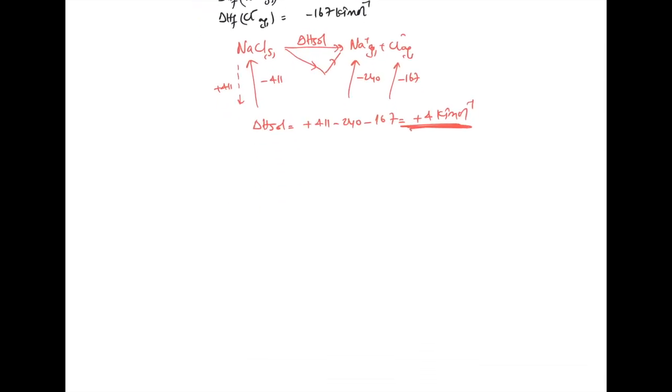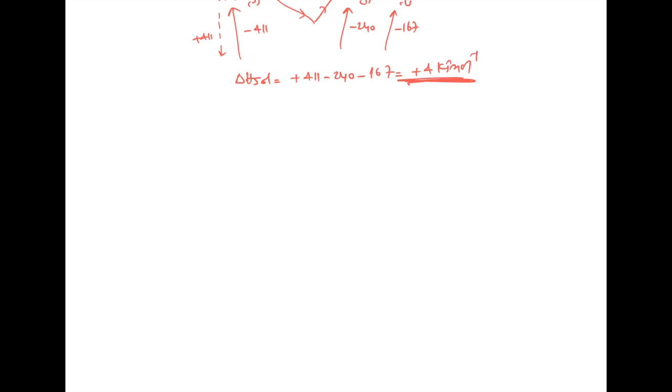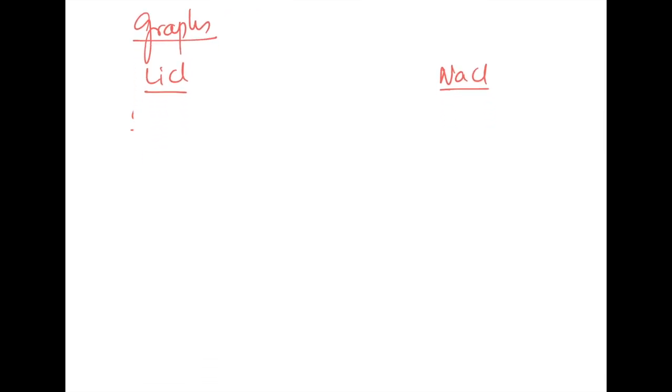One very interesting thing about enthalpy of solution I want to share is regarding graphs. Let's take, for example, lithium chloride and sodium chloride. I'm actually making the energy cycle of enthalpy of solution, hydration and lattice energy, right? You know that the enthalpy of hydration of lithium and chloride, if I add it, is exothermic.